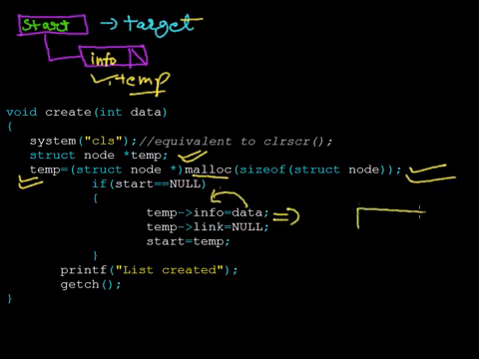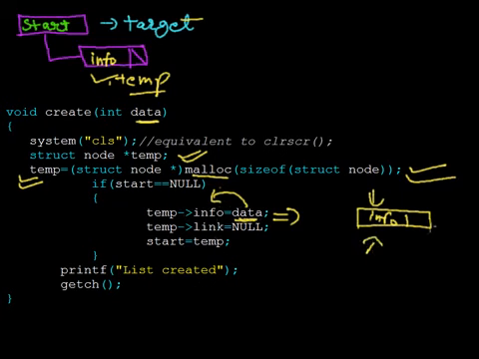Means we have the info part in our temp node. We will copy the data which we have received from the user into this node. So the data is copied to the info part of the node.